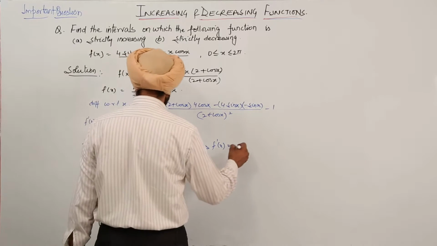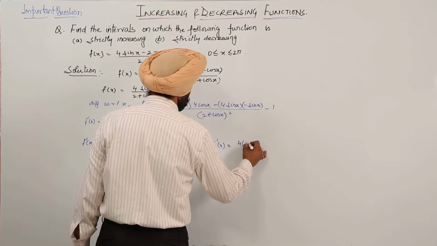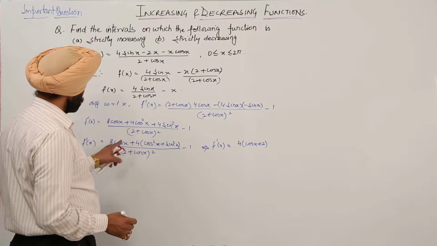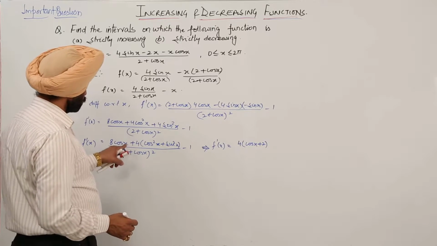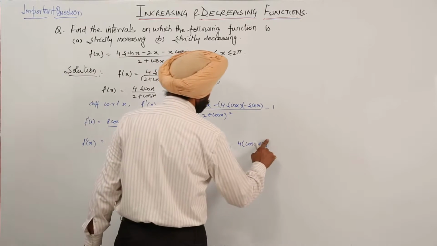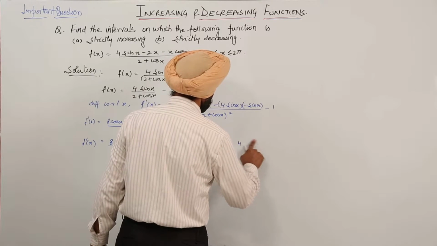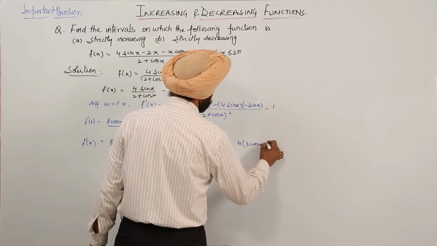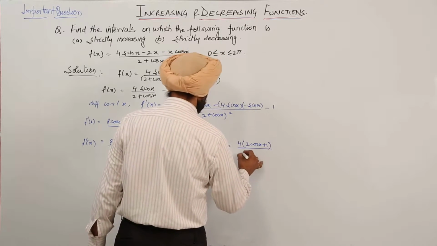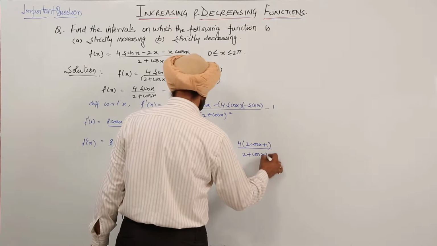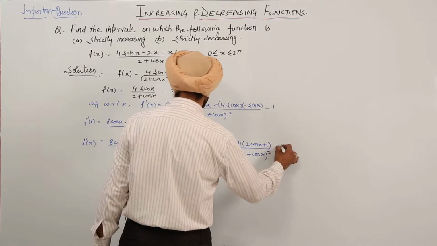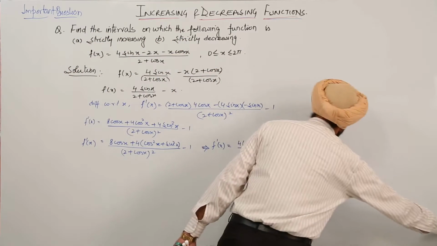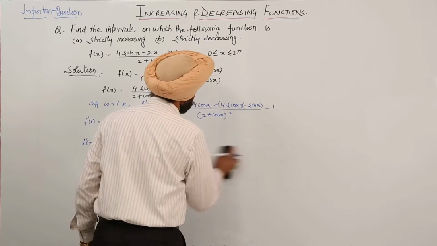So we have 4 common, cos x plus 4 common, we have 8 cos x, so it will be 2 cos x plus 1 upon 2 plus cos x whole square, minus 1. Or we need not go for this step, we can just do this in the next step.